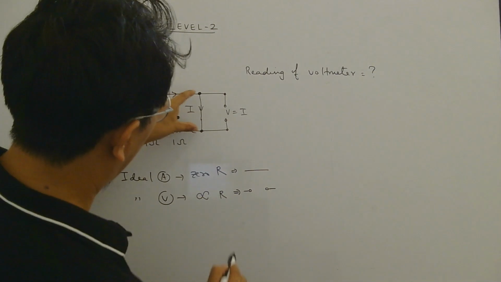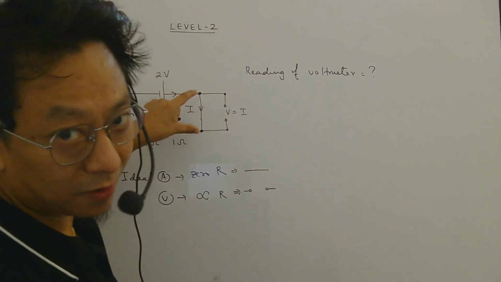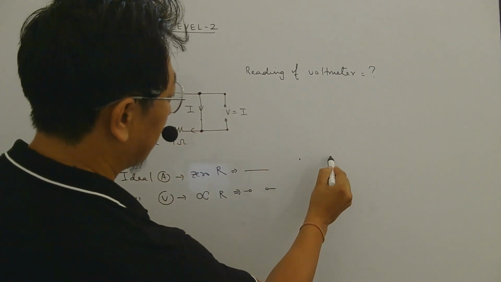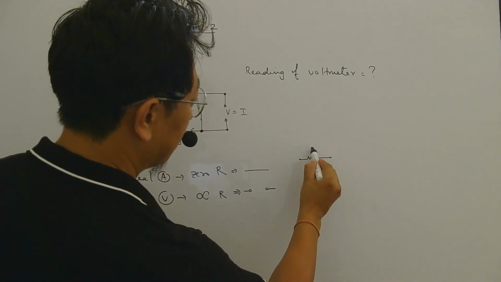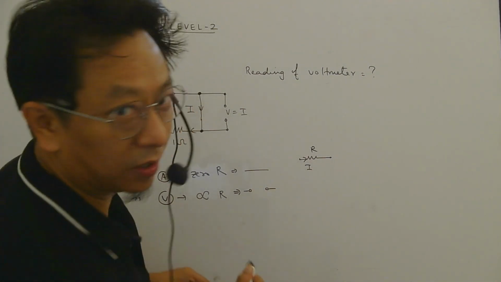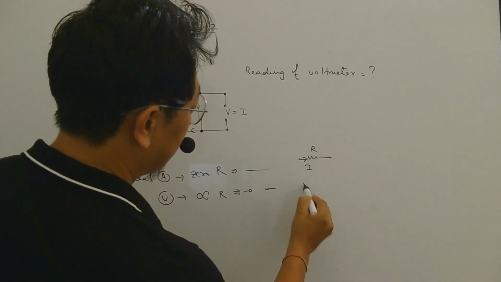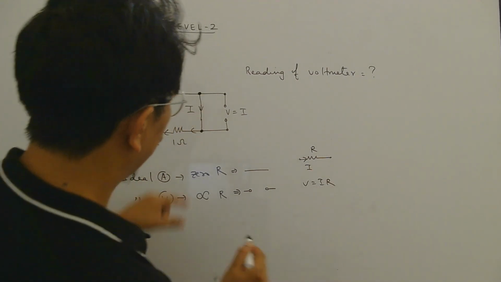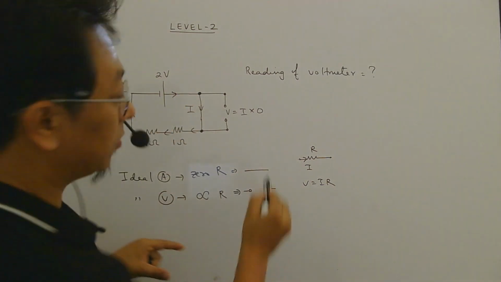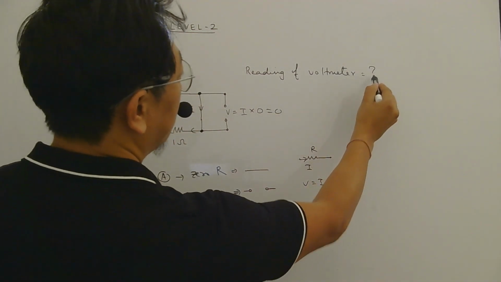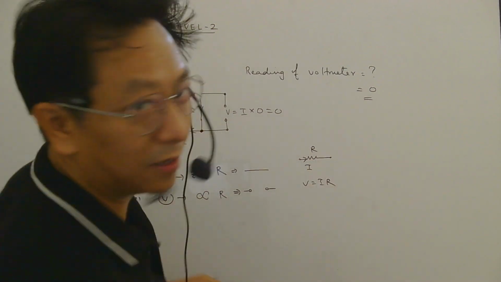I into R of this part, right? If you want the potential difference between 2 points with some resistance and current I is flowing, then the potential difference between these 2 points is I into R. But this part of the wire has zero resistance, so I into 0, which is 0. So the voltmeter reading is 0, that is the answer.